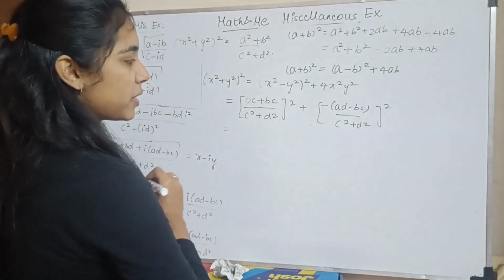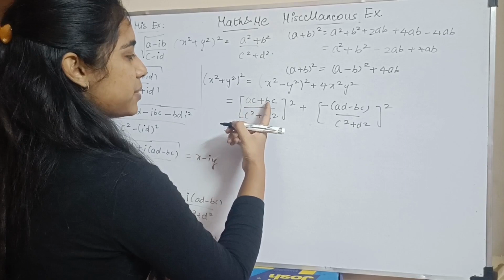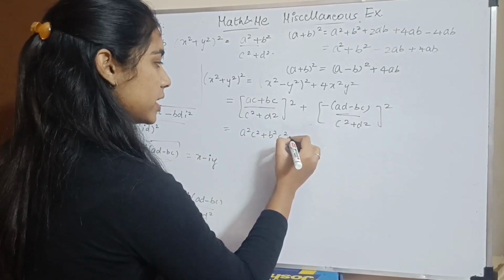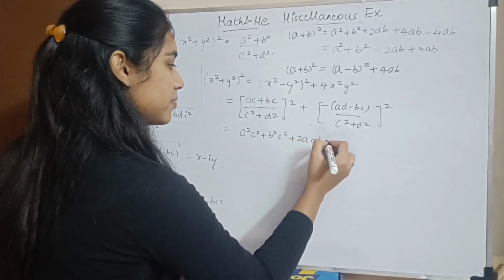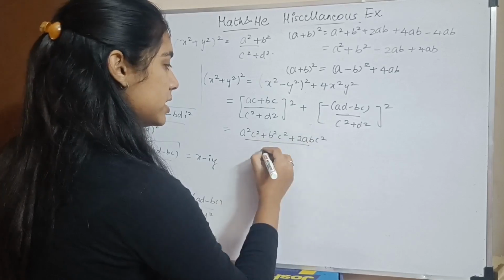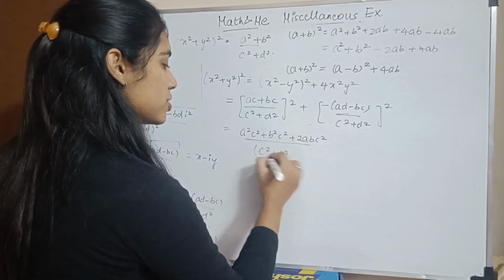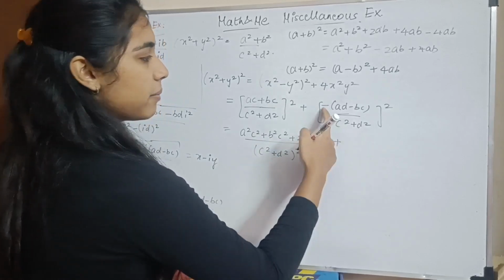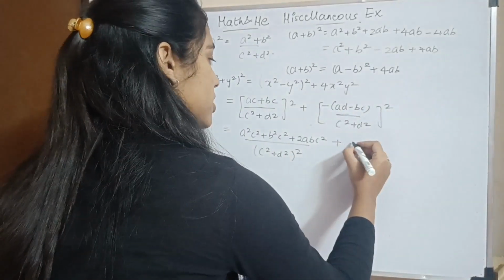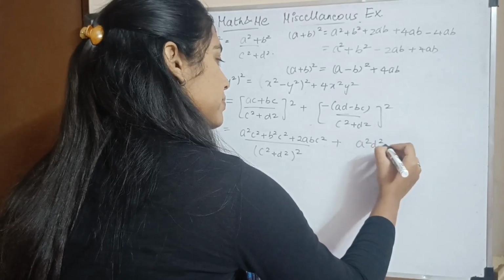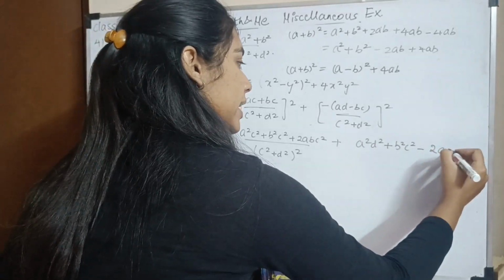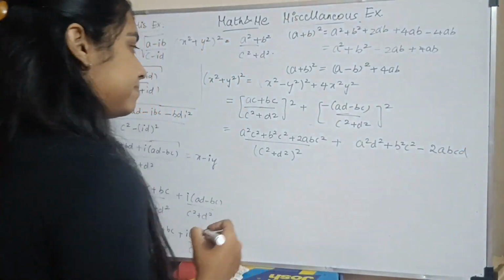So when I open this, I'll have (ac plus bd) the whole square, which is a square c square plus b square d square plus 2abcd, divided by (c square plus d square) the whole square, plus, since minus squared gives a plus sign, (ad minus bc) the whole square. That gives a square d square plus b square c square minus 2abcd.